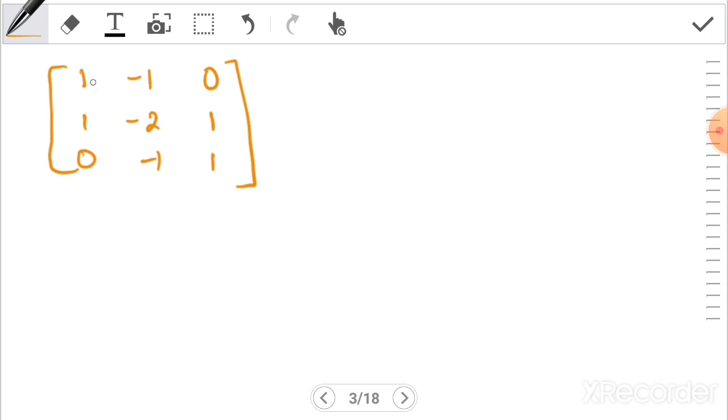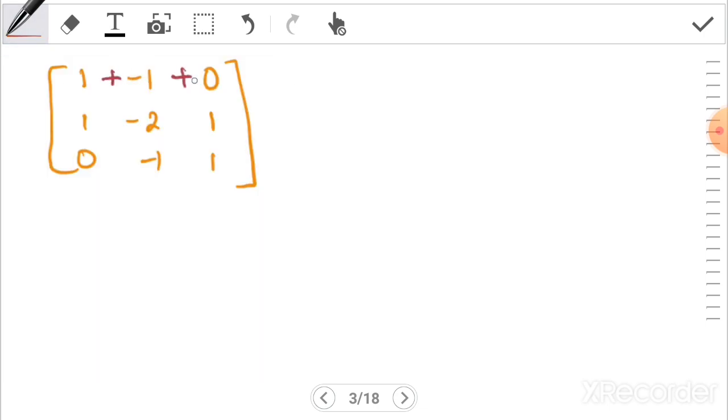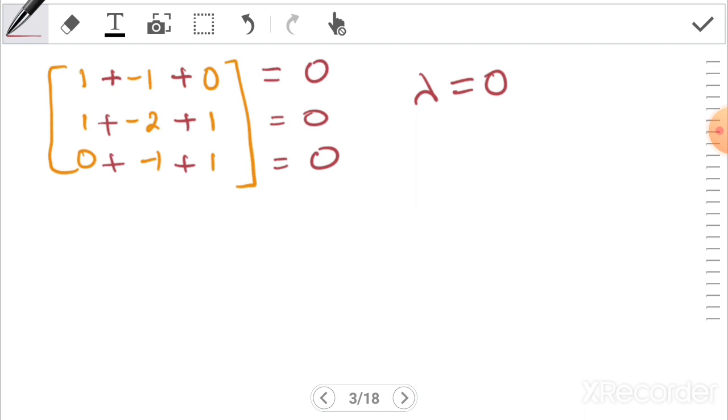So see, the sum of each row is 0, also 0, 0. So here in this case lambda is 0, and in this particular case the determinant will also be 0, since the product of eigenvalues is equal to the determinant of the matrix.